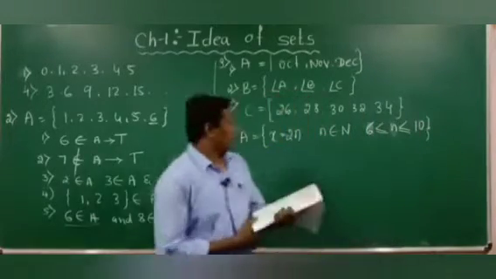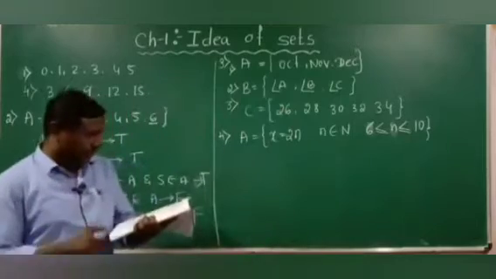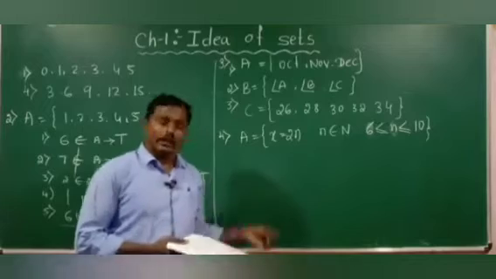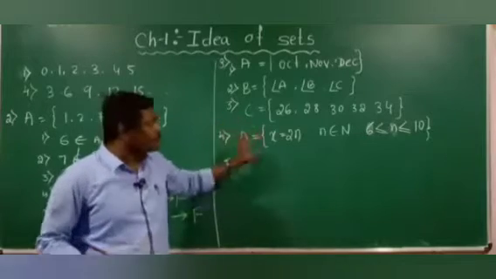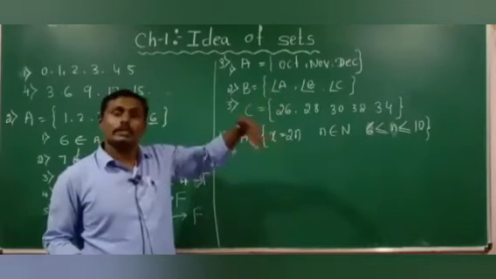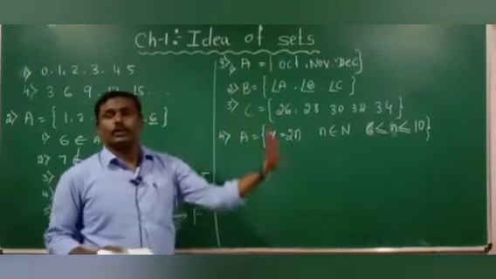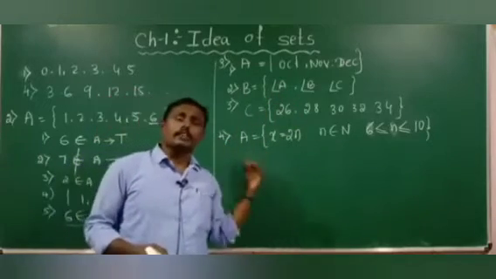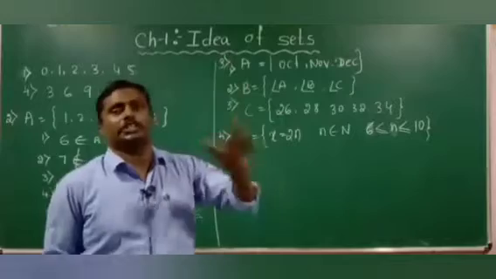You can also write it as, what is that first statement? The set of the even integers between 11 to 21. 11 and 21 means you can write in simple words as the even numbers from 11 to 21. Right? We are representing the given statement in the form of statement or condition.